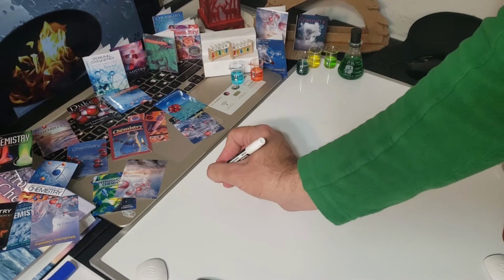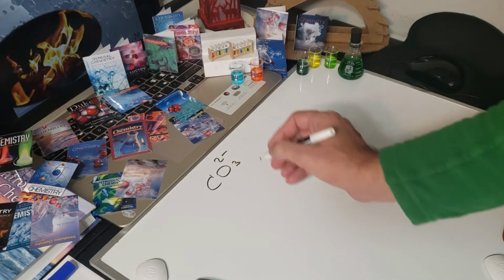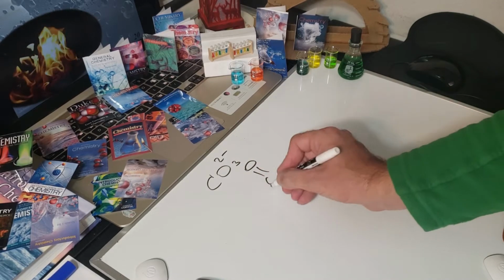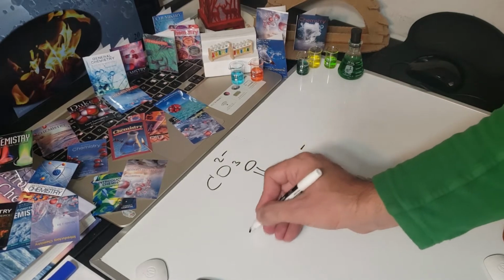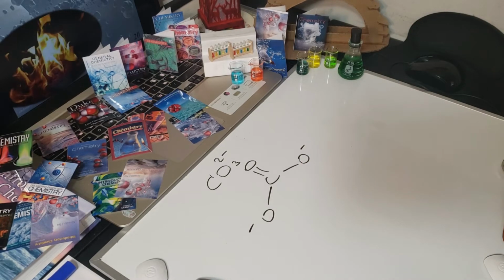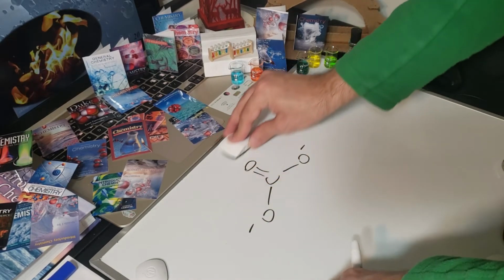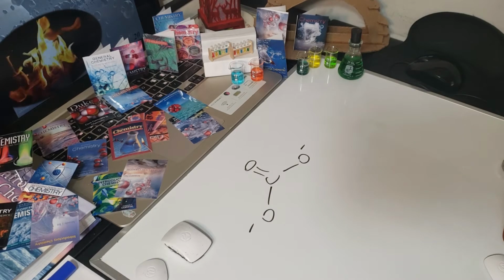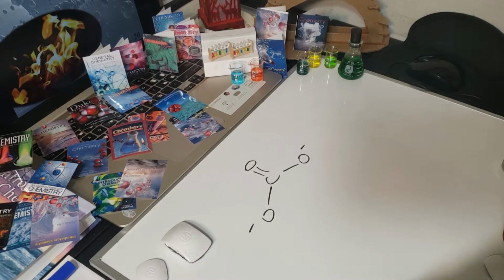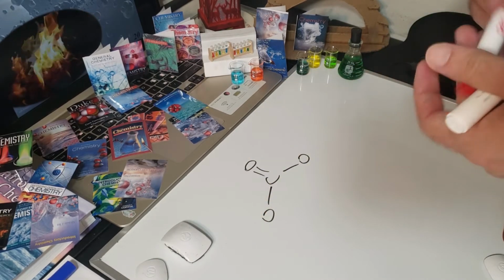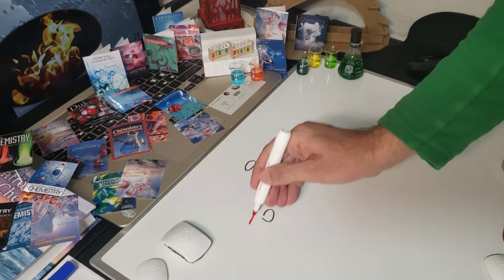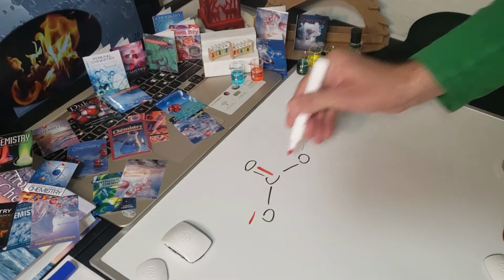The idea for CO3 double minus: we know that the structure is like this. This is our Lewis structure, and in our Lewis structure we notice that we have two negative charges. These negative charges can move where we have a conduit.